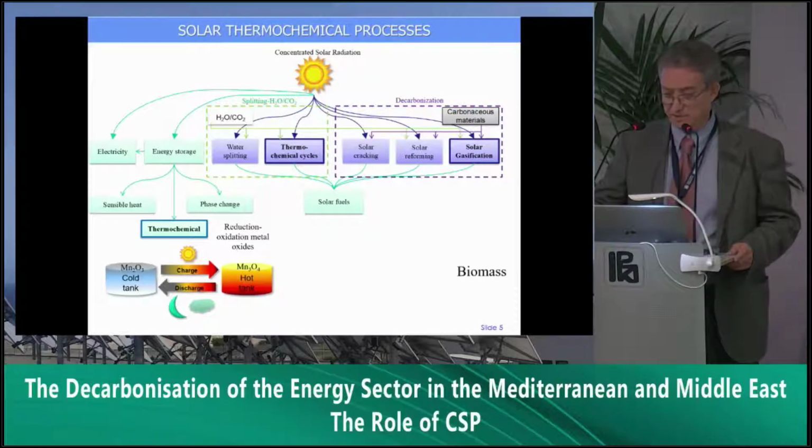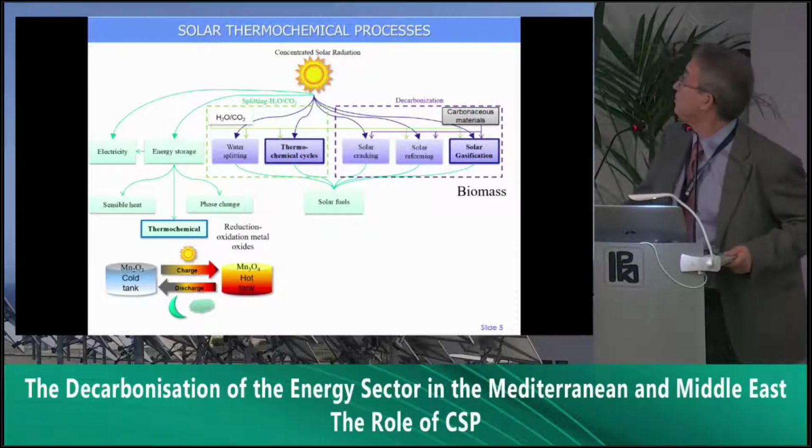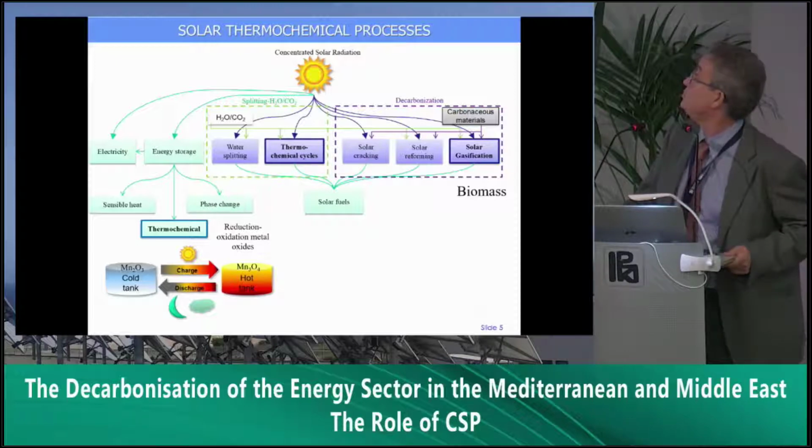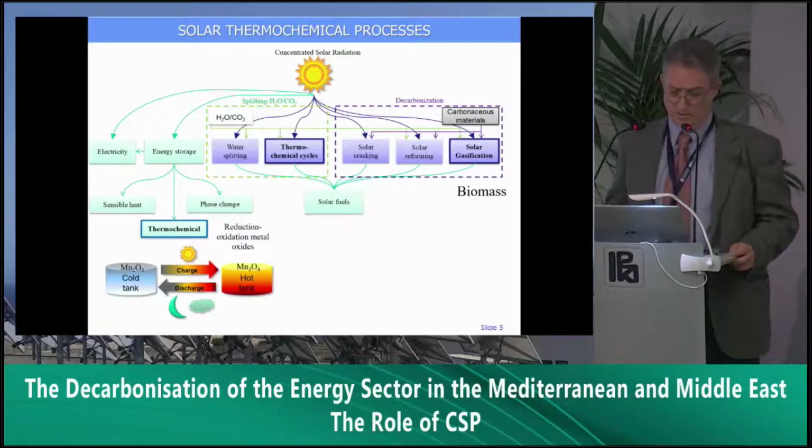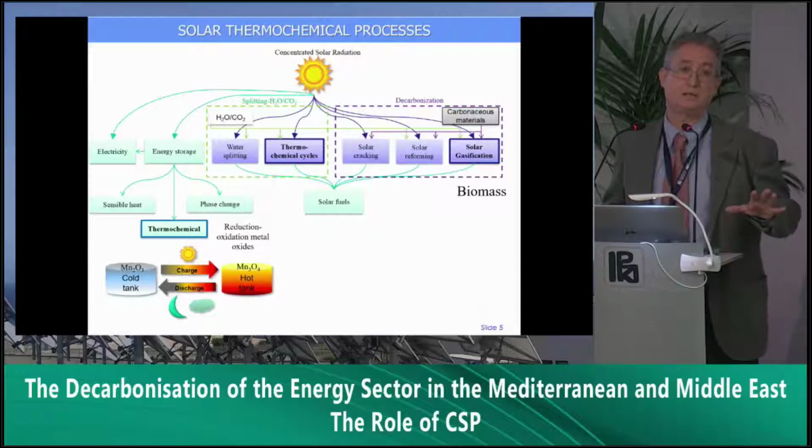Or alternatively, in the case of solar fuels, we have two typical solutions. One of them is mainly thinking on decarbonization of existing processes, and in that respect, what we are trying is solarizing some of the steps in these processes, so that we might reduce the CO2 footprint.